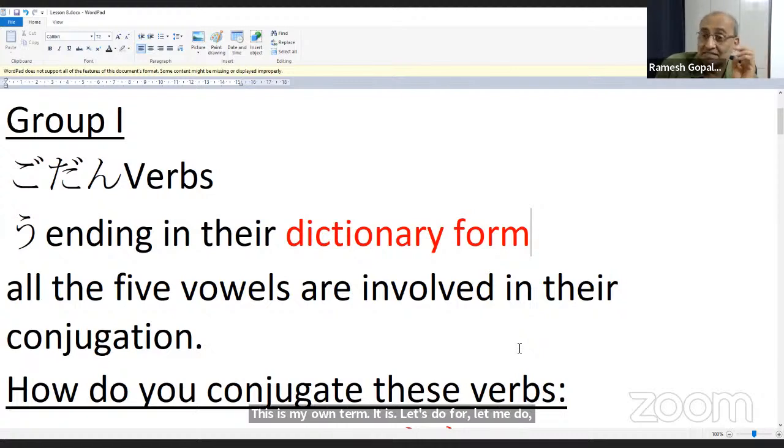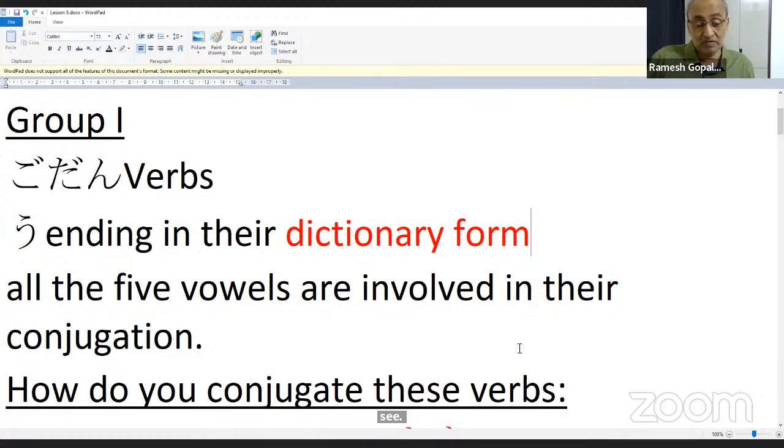Let me do, let's do. So I told you speak, right? Can speak. Here, let me speak, let's speak. So O is volitional form. Volition means will, no? So, let me speak, let's speak. Let me eat, let me see.